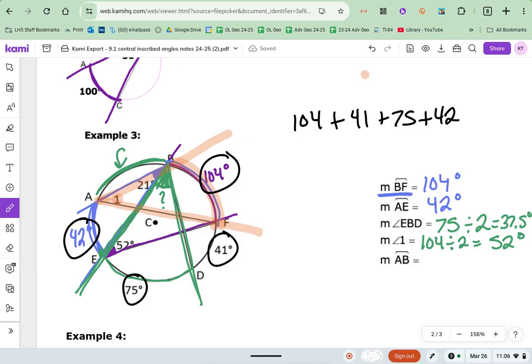So we've used 262 degrees, and we're only missing that one arc. So 360 minus 262 gives us 98 degrees left for that arc, AB.